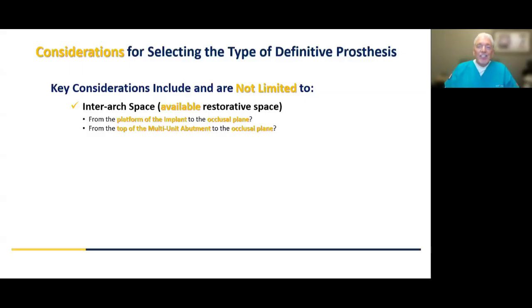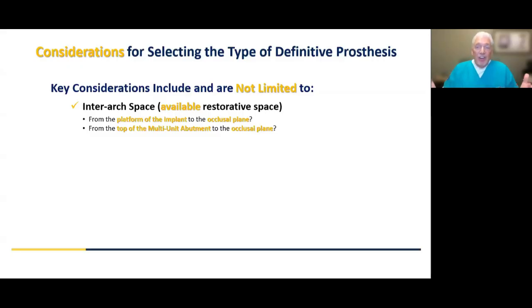When we go to a final prosthesis, you may think, I'm going to want to do a screw-retained denture teeth and acrylic titanium bar hybrid prosthesis.